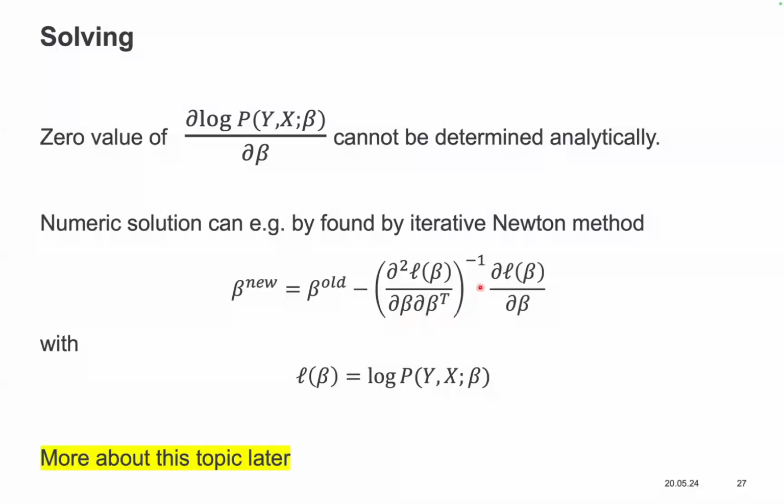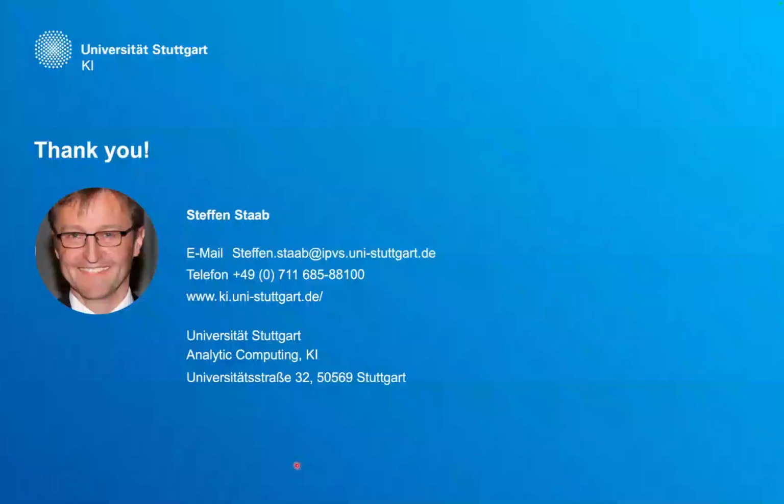And here we have to differentiate yet another time. There are variations of this approach, more about such gradient descent and some iterative solving later when we talk about neural networks. So, unfortunately, there is no analytical solution, but we can numerically look for such an optimal value of our beta. And logistic regression is a nice function, so we have nice behavior and can actually find such an optimum.